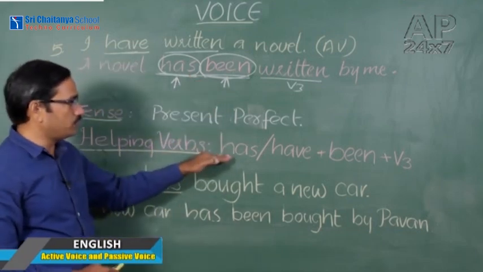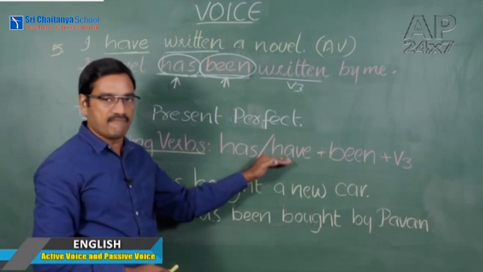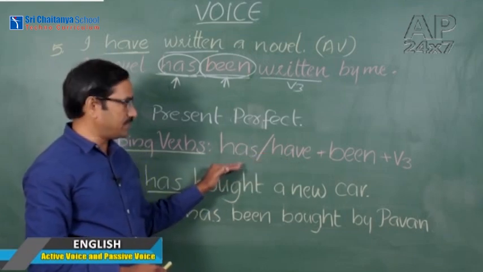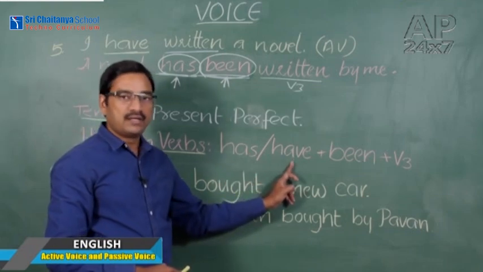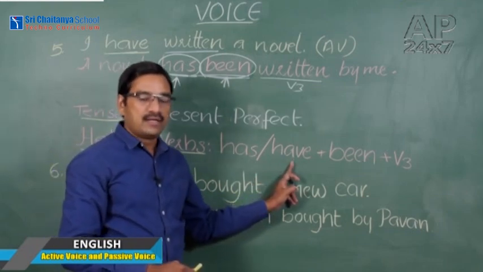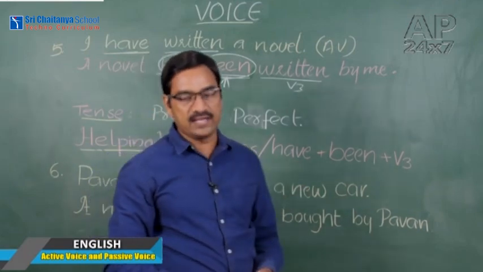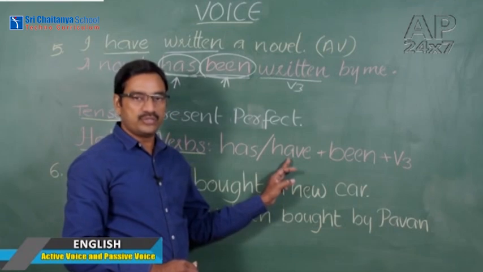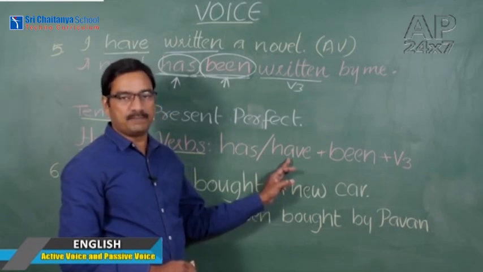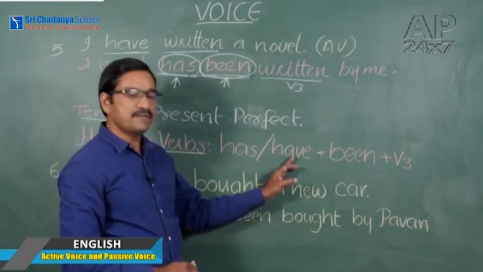If we have two choices here, has and have, both are there. If the subject is singular, we go for has. If the subject is plural, we go for have. And first person I and we both take have. I, you, we, they, and plural subjects take have.